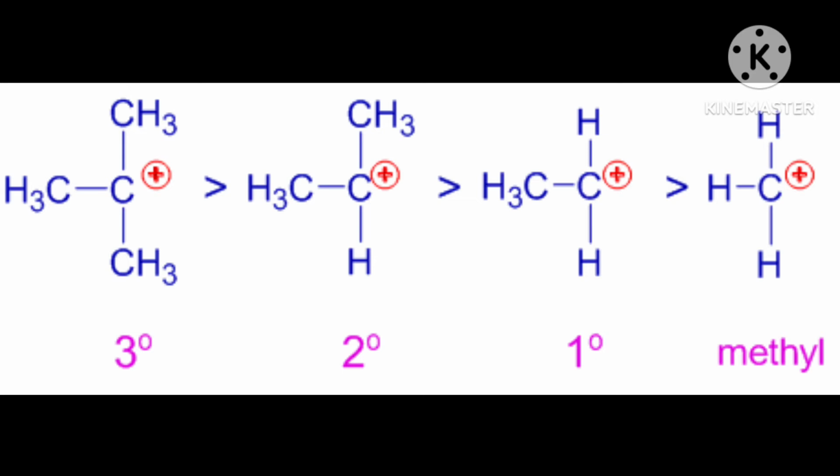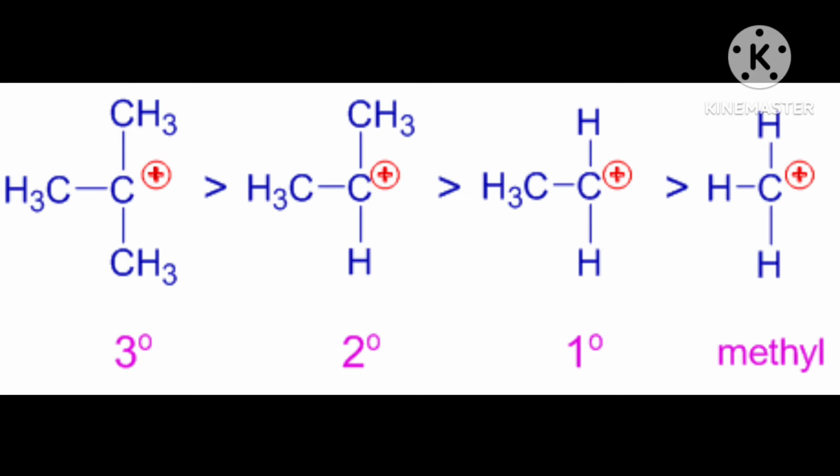Now another, question B, part B, that is CH3-CN. Here again you can see cyanide, that group will take the electrons. Okay, CN will get the electrons. The bond will break, the CH3 and CN bond will break, and that bond will be taken by CN because nitrogen is there with CN.